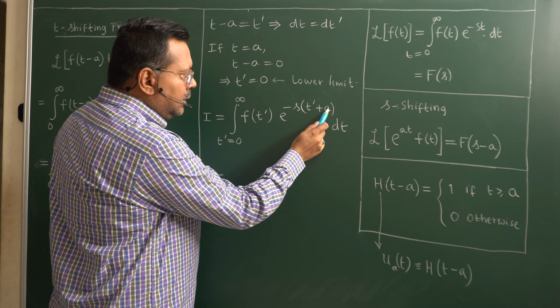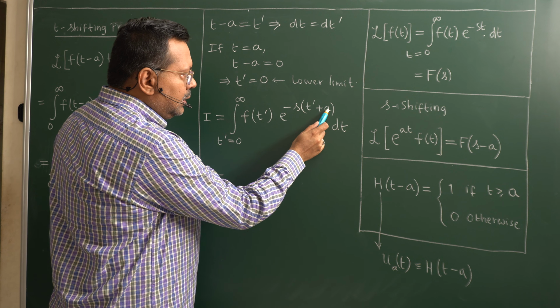So I can write that this expression is equal to e to the power of minus as, then you have the integral from 0 to infinity. The rest of the thing is f of t prime e to the power of minus st prime. Sorry, this is dt prime. So we can now write that this is dt prime.